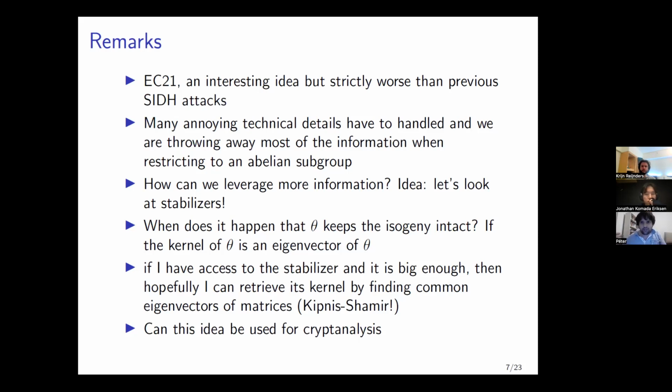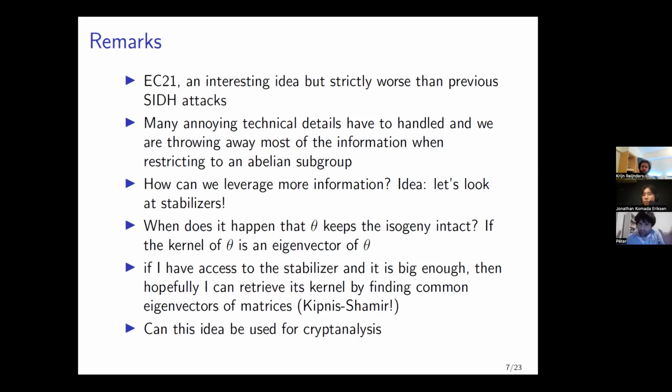And then, let's say someone computes this stabilizer. Then you have a bunch of matrices, if the stabilizer is big enough. You have lots of matrices with a common eigenvector. And that's not so hard to compute in general. If you've ever seen the Kipnis-Shamir attack on oil and vinegar without the U, this is basically what happens there.